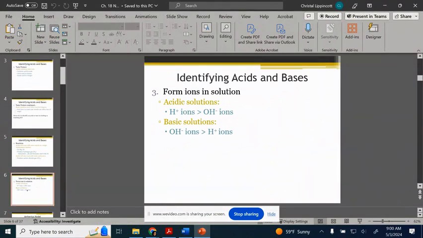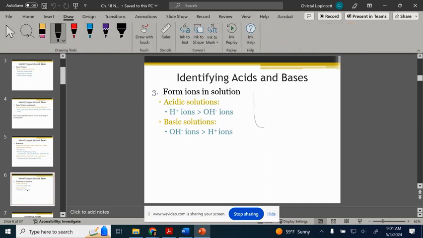Anyway. So, acidic solutions, you've got a liquid here. This is the whole idea behind an acid. In that solution, you're going to have some hydrogen ions floating around.